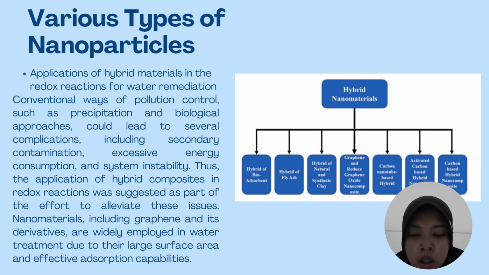These hybrid nanomaterials, comprising multiple NPs, have exhibited remarkable efficiency in eliminating color and heavy metals from polluted water, such as the picture in this slide of hybrid nanomaterial, and numerous studies have explored the utilization of redox reaction in water treatment using hybrid composites.